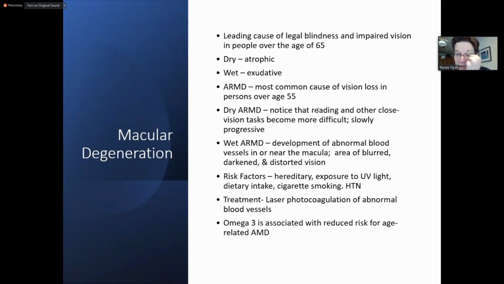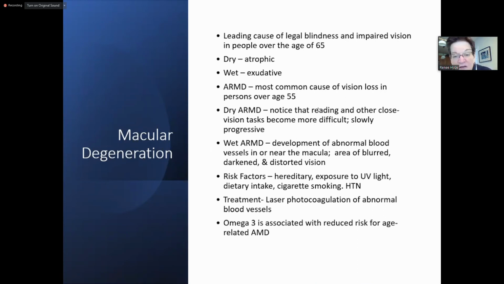When you're looking at those folks, what happens is that they notice that reading and other close vision tasks become more difficult. It is a slowly progressive problem. With wet AMD, they get an area of blurred, darkened, and distorted vision that's fairly rapidly occurring.